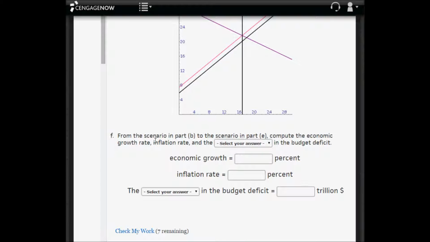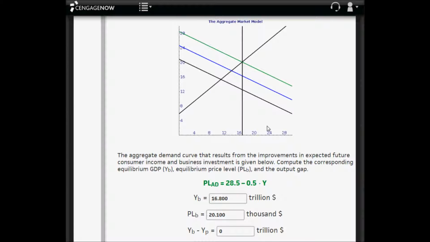In part F, I want to calculate the economic growth rate and the inflation rate that corresponds to the equilibrium in part B and the equilibrium in part E. The equilibrium in part B was the equilibrium that resulted when government did nothing, or before it could do something. I've copied these numbers into Excel.